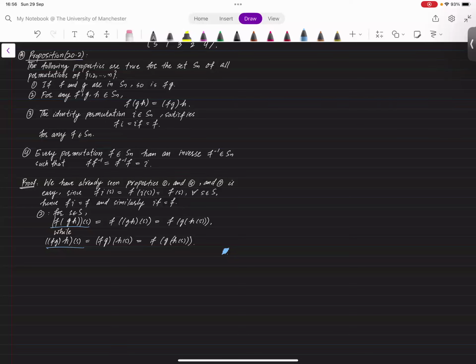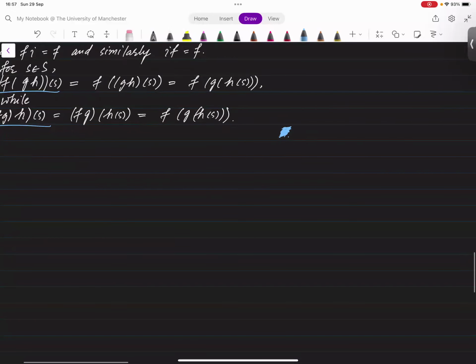Permutations are closed, so if you take two permutations and compose them, you will again find a permutation, and permutations follow the associative property under composition. There is always an identity permutation for a set, and you will always find a unique inverse for every permutation in the set of permutations for a particular set. And we have proved that.